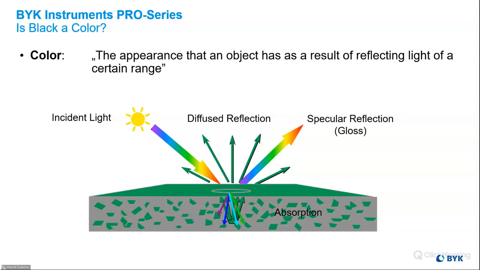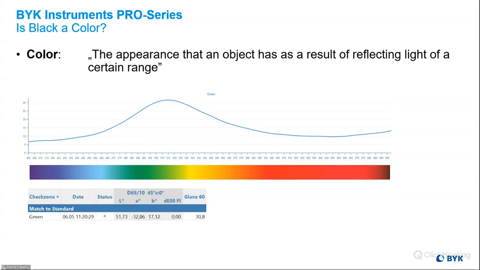And we see here the color green because all the other wavelengths of the white light have been absorbed. This diffusely reflected light is detected by a spectrophotometer and can be shown as a spectral curve.